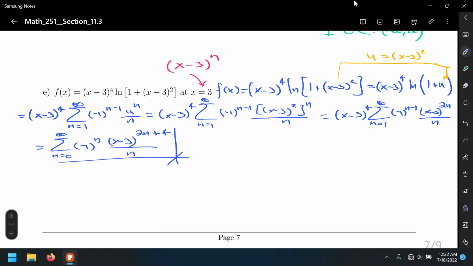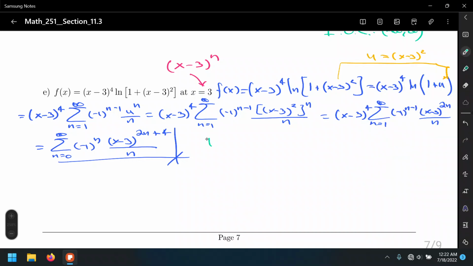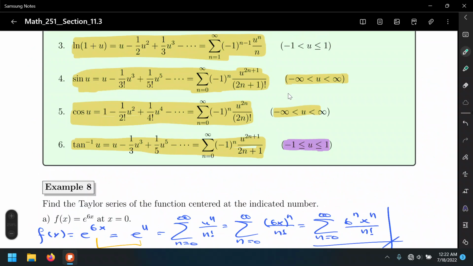And now for the interval of convergence, the IOC for short. Well, let's be careful here because for the natural log it's not all real numbers as with the sine, cosine, and the exponential.